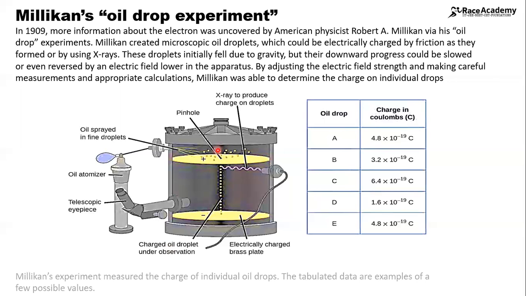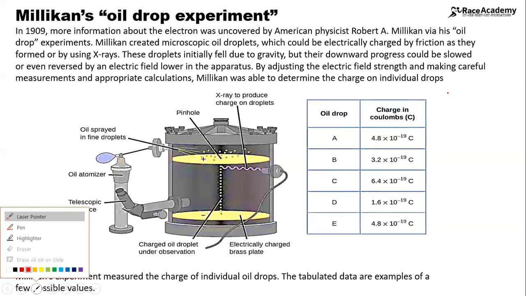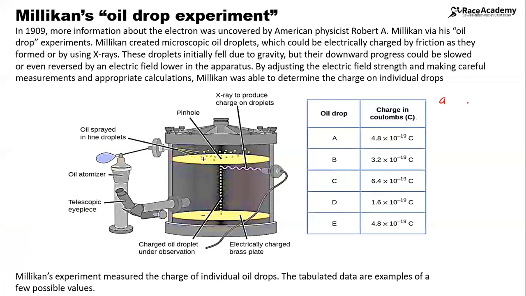Here, the experiment measured the charge of individual oil drops. It tabulated this data; a few possible values are also shown. When we want to calculate the number of electrons, we can use Q equals N into E, so N equals Q by E. Suppose the charge is taken as 3.2 into 10 to the power minus 19 coulombs, divided by the electron charge 1.6 into 10 to the power minus 19 coulombs.